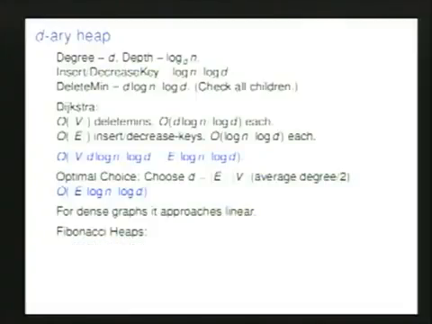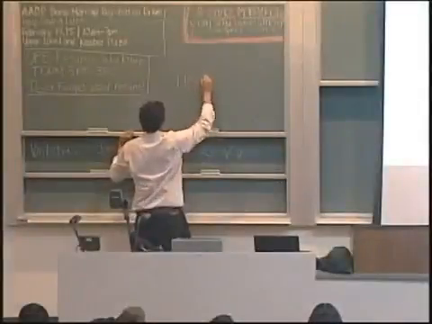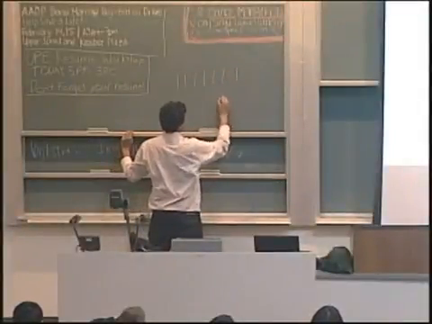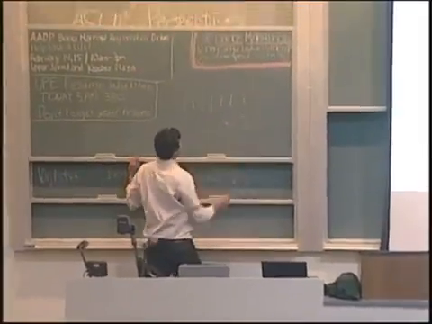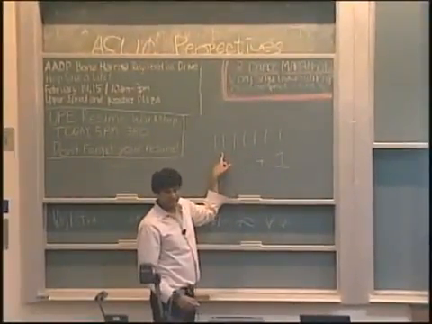But a little puzzle: say I add 1 to a number over and over and over again. How far will the carry go? In the worst case, if the number is all 1s, 1, 1, 1, 1, 1, 1, 1, and I add 1 to it, how far will the carry go?